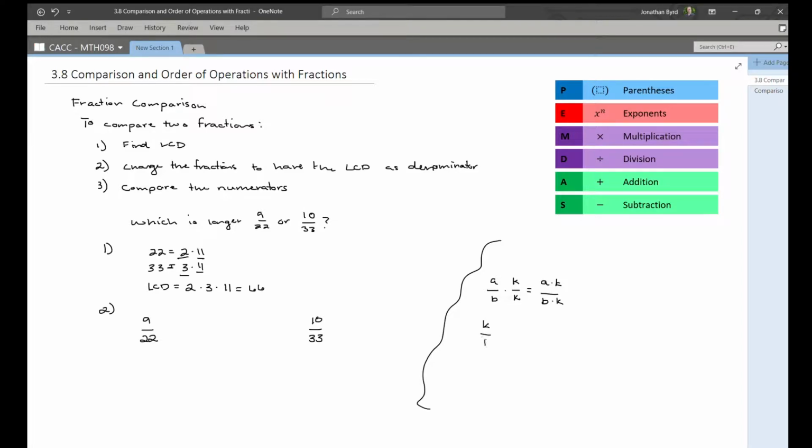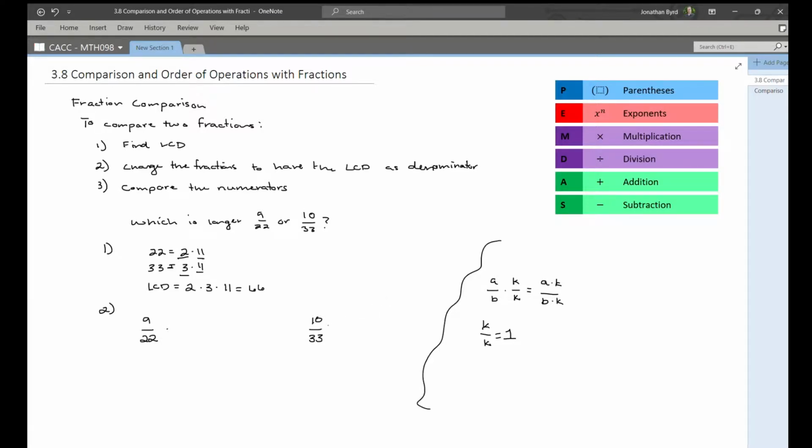Because if I have a over b times k over k, that's equal to ak over bk. And that doesn't change my fraction because k over k really is the same thing as multiplying by 1. And when we multiply by 1, we don't change the value of the thing that we multiplied. So there is, in some sense, a way that I could get back to my starting number.